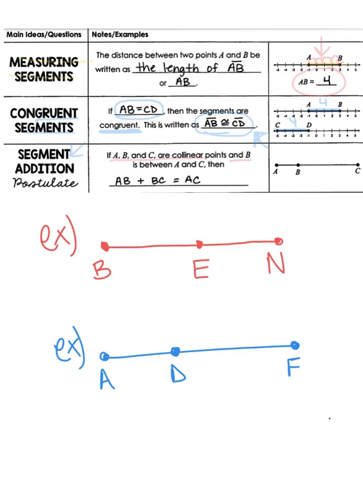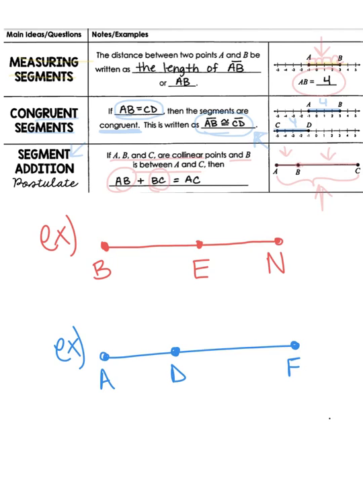And B is between A and C. If you look over here, you can see that B is a point between A and C. If that's true and they're all on the same line, then you can take segment AB, which is this one, and segment BC, from B to C, which is this one, and when you add them together, they'll give you the length of AC, the whole length.